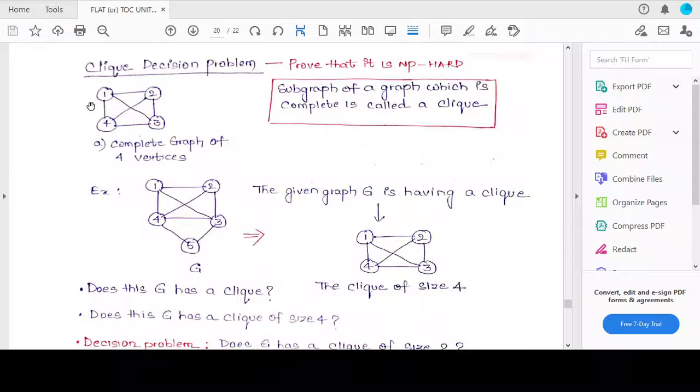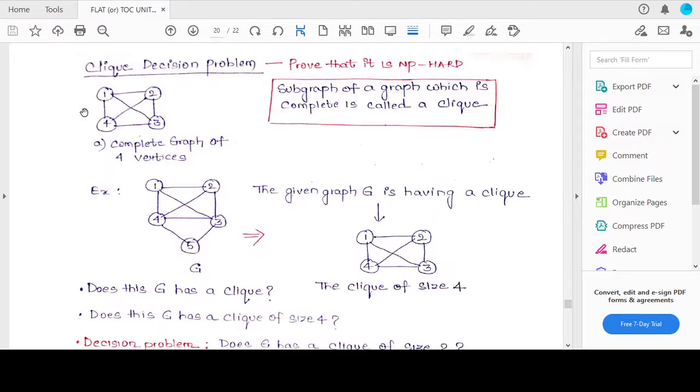Here generally a graph is given. In that graph we have to consider a subgraph from the given graph. If the subgraph that we have taken from the given graph is complete, then it is called a clique. Here you could see figure A is a complete graph of four vertices, right?